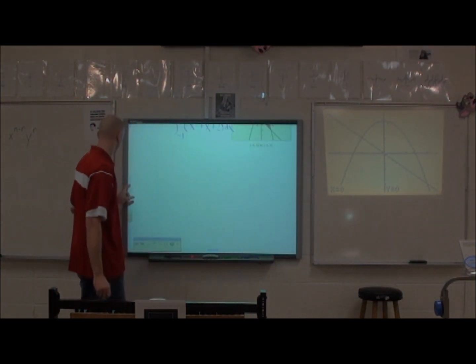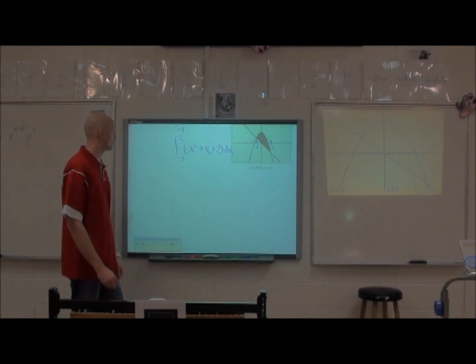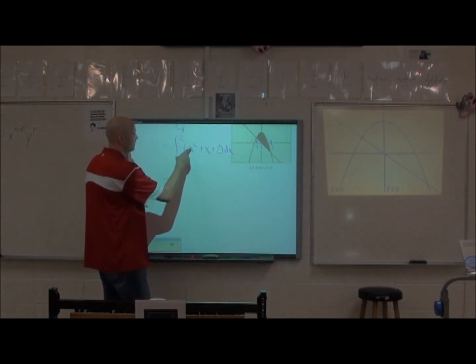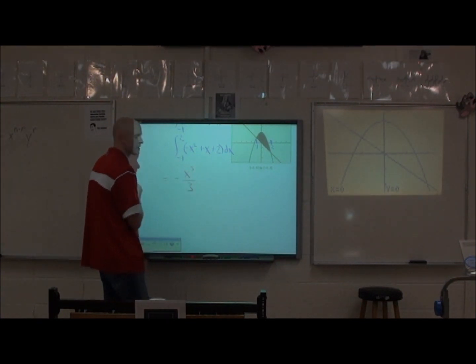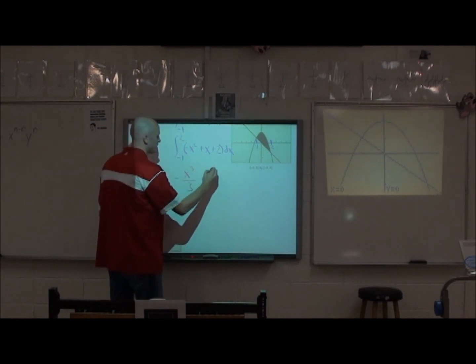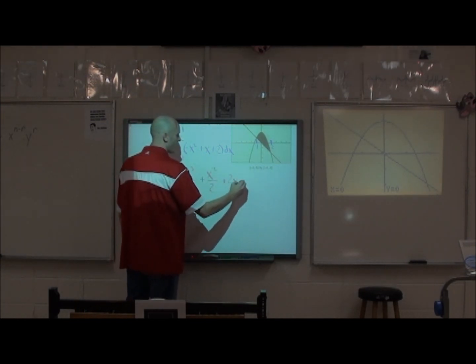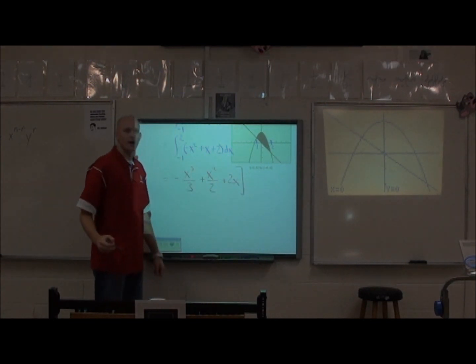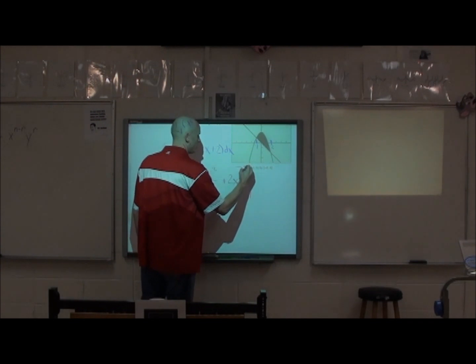Here we go. Antiderivative is negative x cubed over 3 plus x squared over 2 plus 2x. All of that is evaluated from our upper and lower limits, -1 to 2.